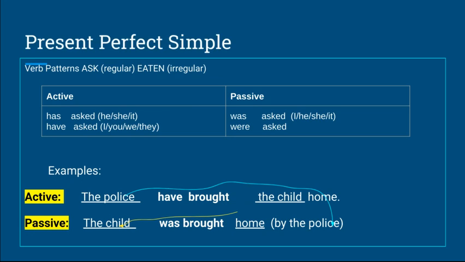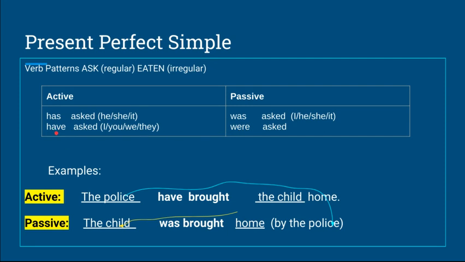The present perfect simple. Let's remember that the present perfect is with the verb to have plus past participle. In singular, we have has asked with he, she, or it, and singular was asked, and plural were asked.